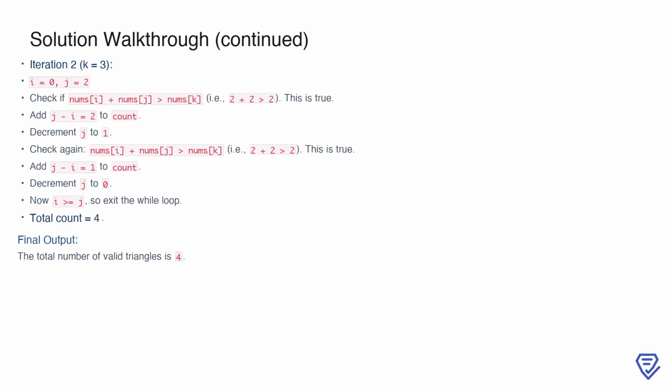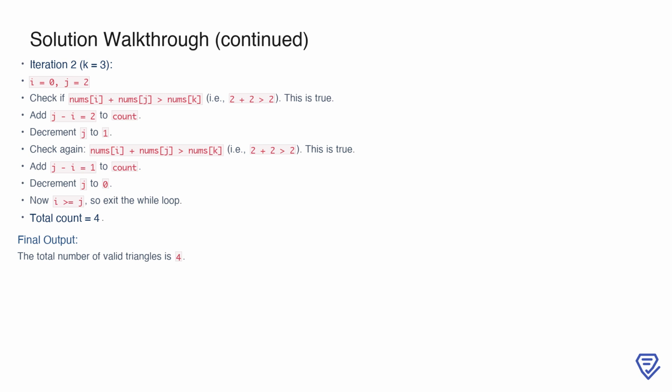For the second iteration in this example, k equals 3, making 2 the largest side. The left pointer i is set to 0, and the right pointer j is 2. First, we check if nums[i] plus nums[j] is greater than nums[k], or 2 plus 2 is greater than 2. This condition is true, so we add j minus i, which is 2, to our count.